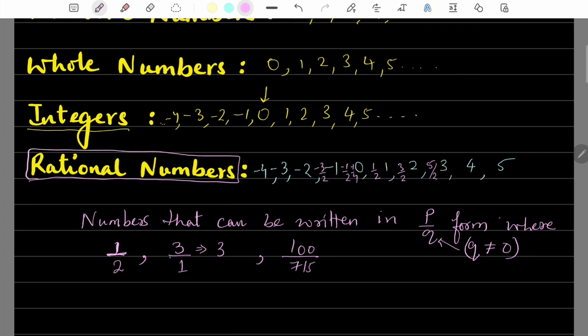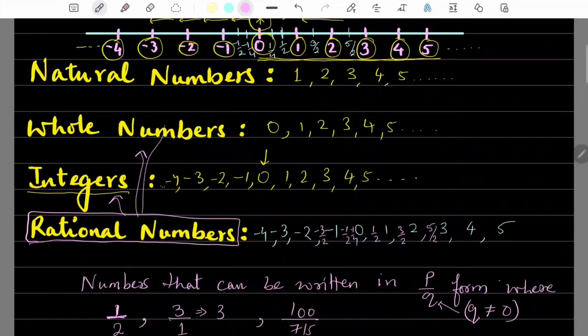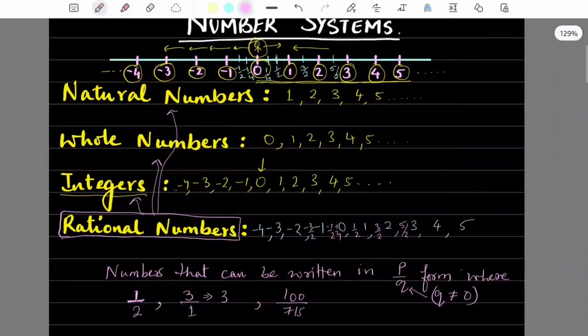A rational number includes everything that's in your bag so far: integers, whole numbers, and natural numbers as well.